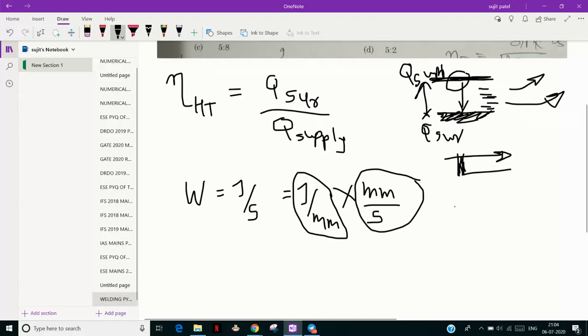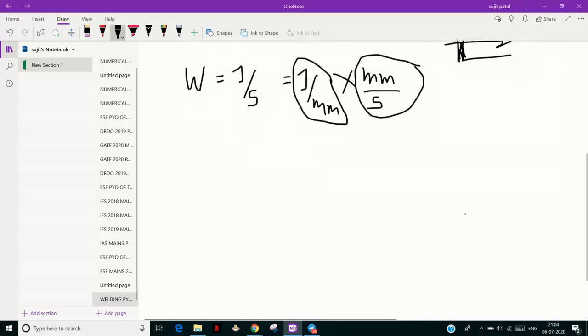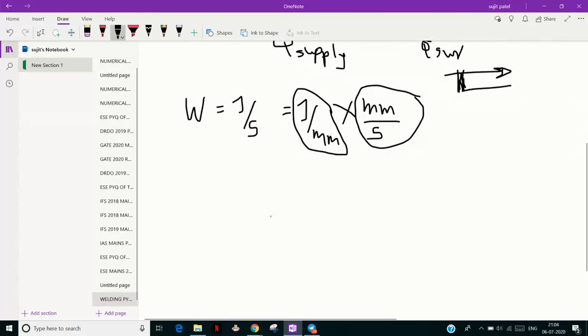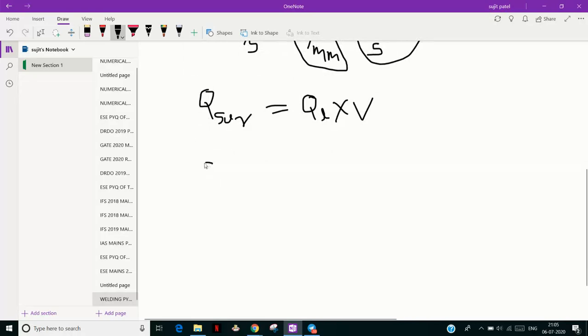So the heat reached on the surface is written as heat per unit length multiplied by velocity, and heat supply is voltage into current.